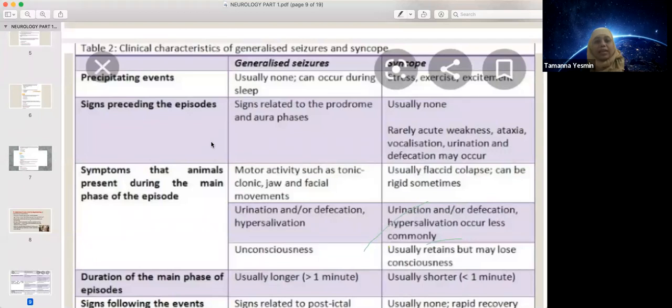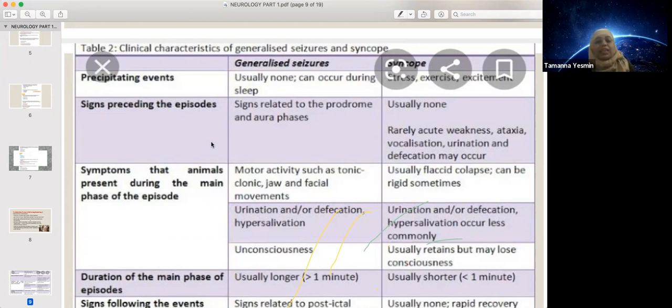Before the attack, the child may have lightheadedness, dizziness, a hot flush and then sudden blackout. This is called syncope. Rarely a syncope may have urination or defecation.